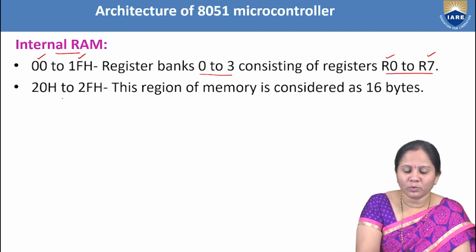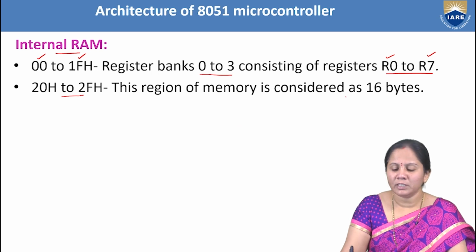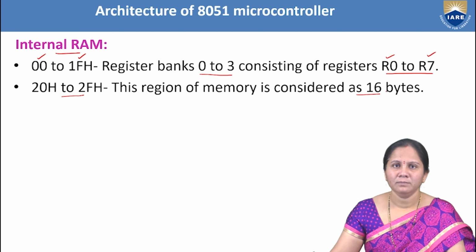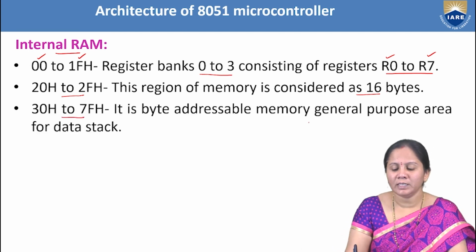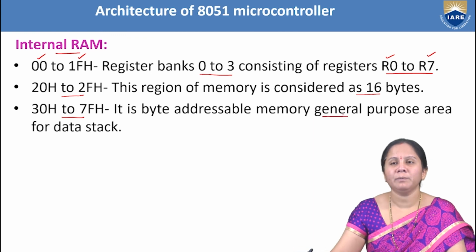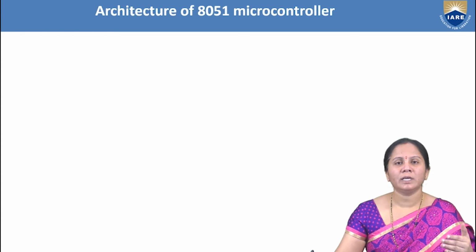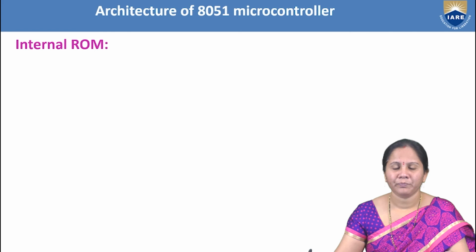The region from 20H to 2FH is considered as 16 bytes, whereas 30H to 7FH is the addressable general purpose memory area for data and stack. So that is how the internal RAM is divided.